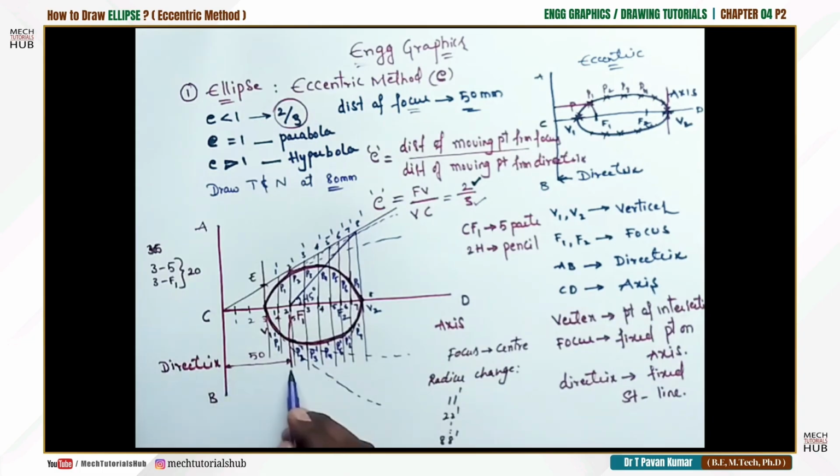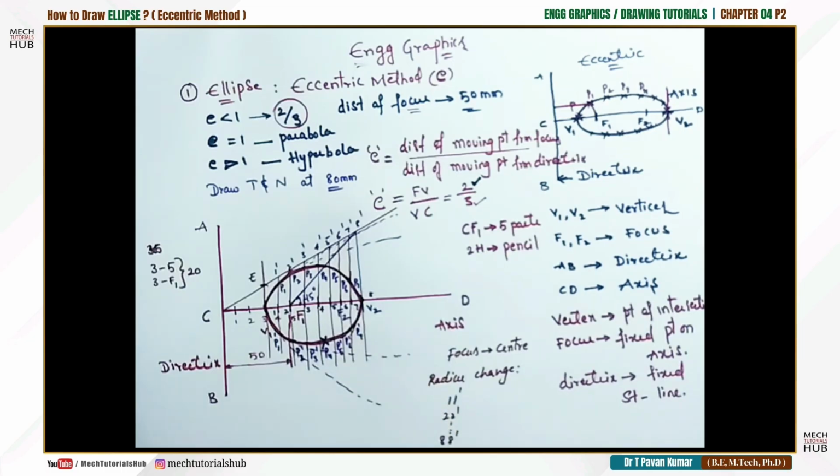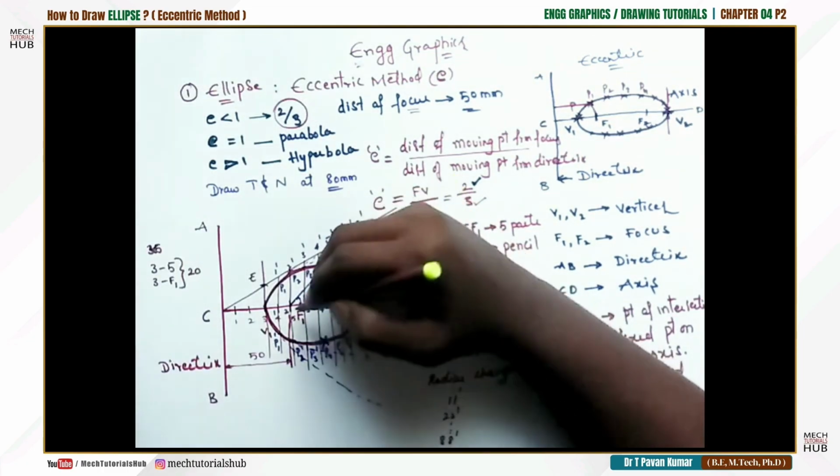Already we are maintaining some 50, and if you take 30 more, you will get a point. For example, at this particular point, maybe from 50, here is your point. This cross mark is the point. Now try to join this point with the focus. Here is the focus point.